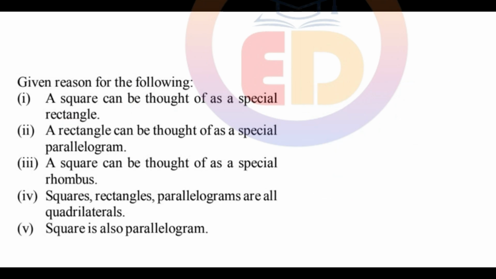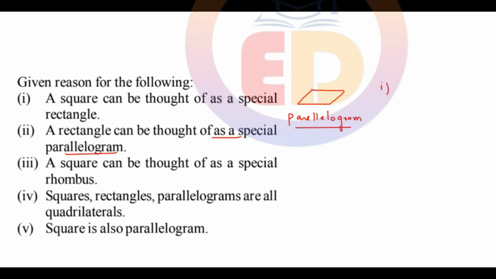The second question says a rectangle can be thought of as a special parallelogram. Can we call a rectangle a special parallelogram? Let us go and check whether a rectangle can be called a parallelogram. Parallelogram. Now friends, understand a basic property of being a parallelogram.